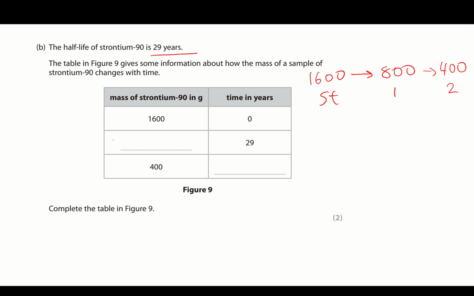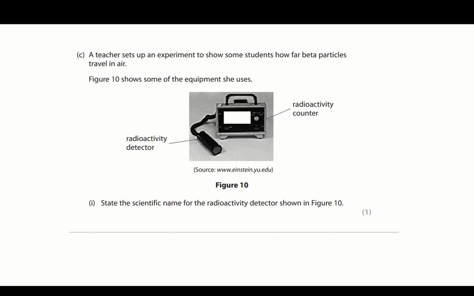So after 1 half-life, this will go to 800. This one, if it's halved again, it must have taken another set of 29 years. So your values to go in that table there are, well, half 1,600, done. And the next time is, if it's fallen by half again, it's another set of the half-life, so it's another 29 years added on, and that's 58.